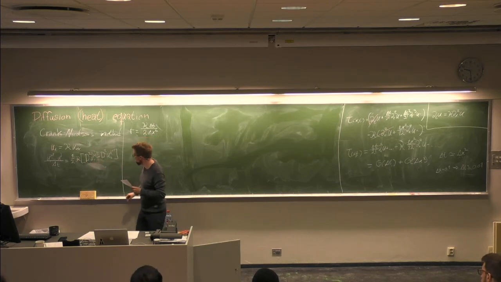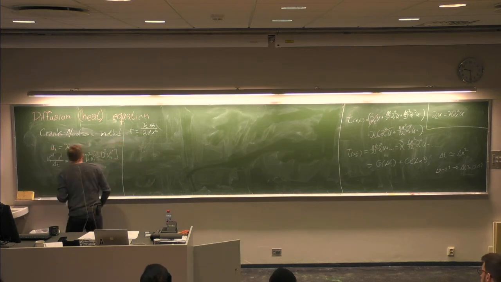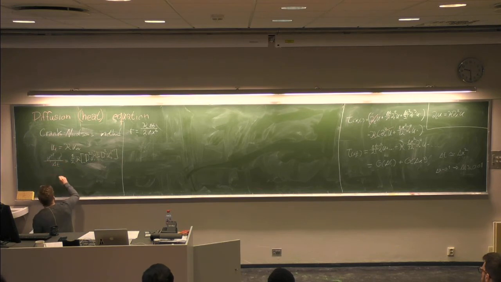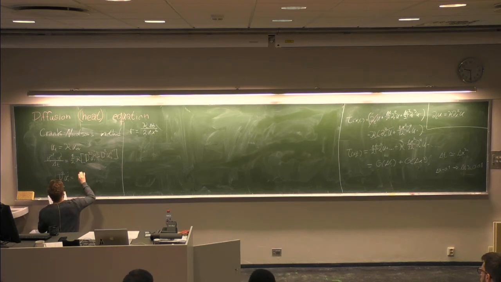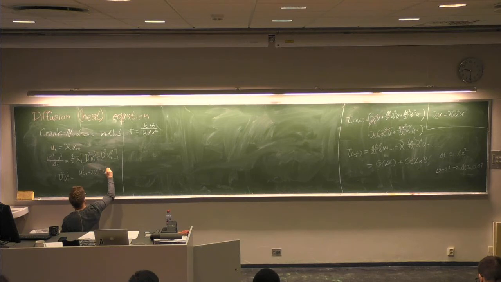So, I mean, it's the same. Okay, so I just expand one of them. d2 u_ij equals, of course, u_i minus 1 j minus 2 u_ij plus u_i plus 1 j.